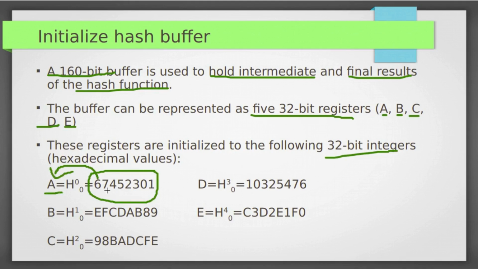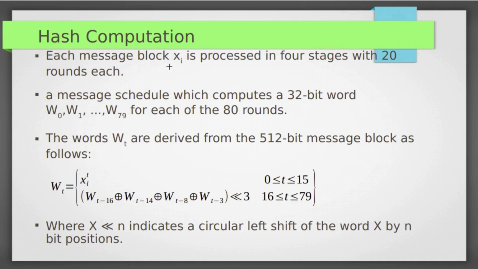A initialized with this value, B initialized with this value, C with this value, D with this value and E this one. Each message block Xi is processed in 4 stages with 20 rounds each. Each message block Xi is processed in 80 rounds. 80 rounds divided into 4 stages.